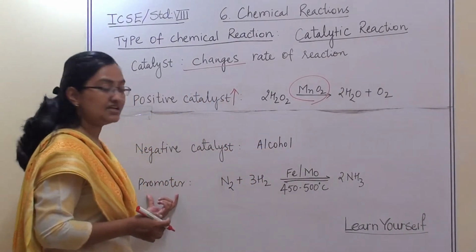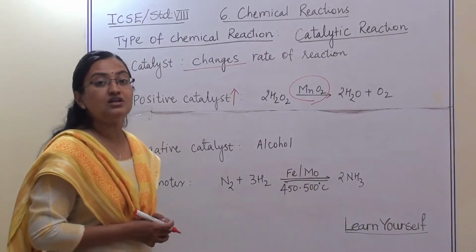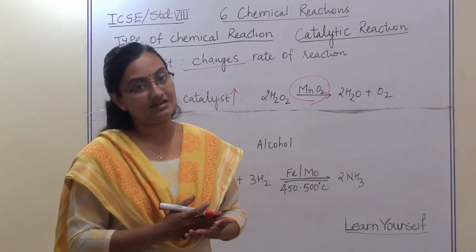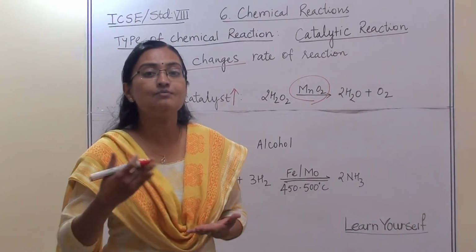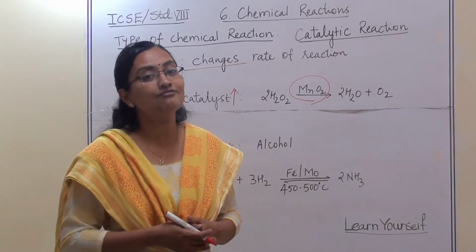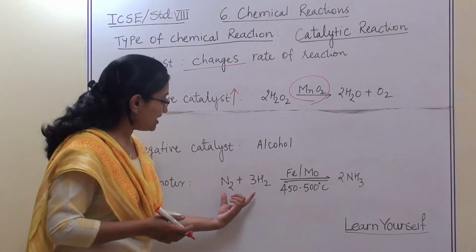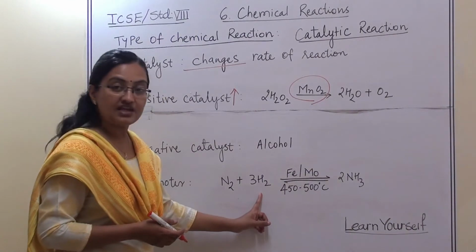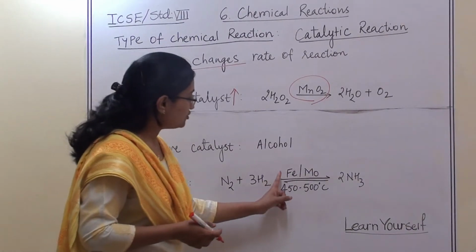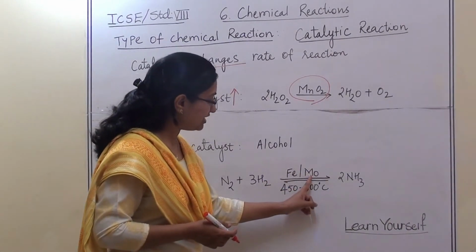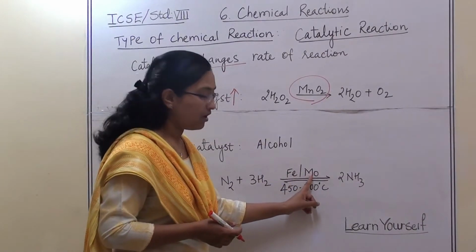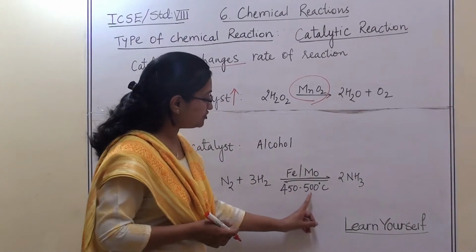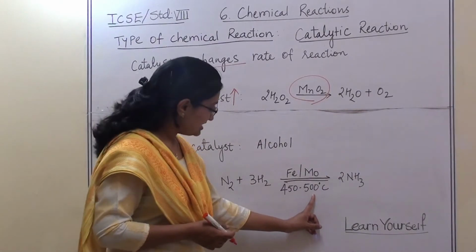The third one is the promoter. A promoter is a compound we use along with the catalyst. It will help the catalyst to enhance the rate of reaction. Take this example: nitrogen will react with hydrogen. We use iron plus molybdenum, Fe or Mo, at a temperature of 450 to 500 degrees Celsius.